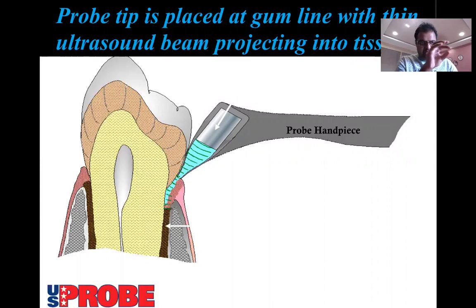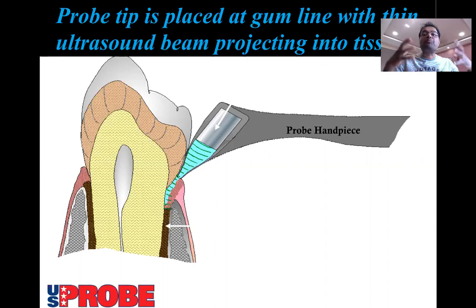Sound waves hit the tissue, come back, and then you see the value. And it's very specific because the waves hit cementum, they give a certain reading. The waves hit the bone, they give a certain reading. The waves hit the soft tissue, they give a certain reading, and these tissues give exactly the same reading every time, and that's the biggest advantage. The second most important point of using an ultrasound probe is that it's absolutely non-invasive.